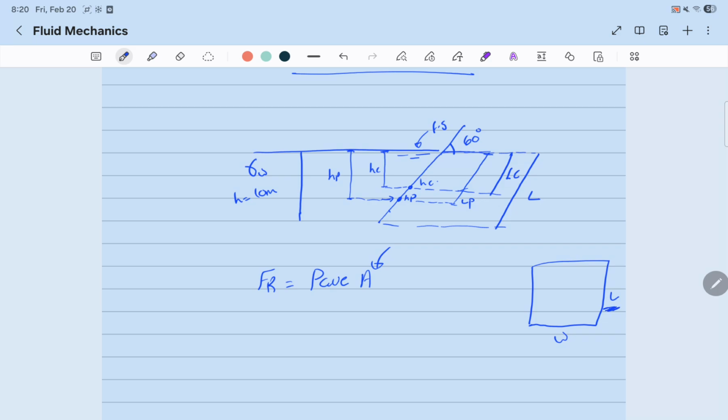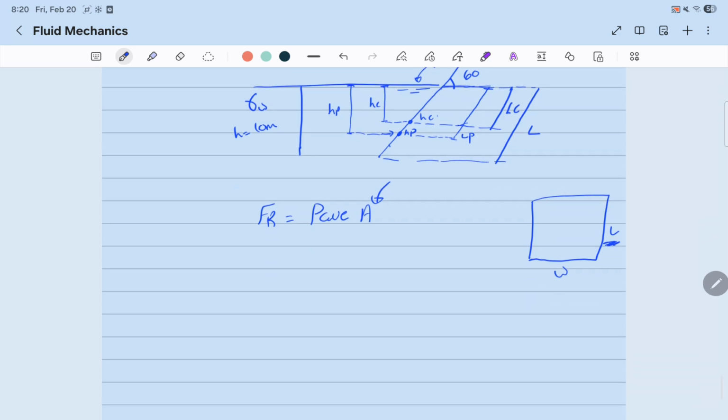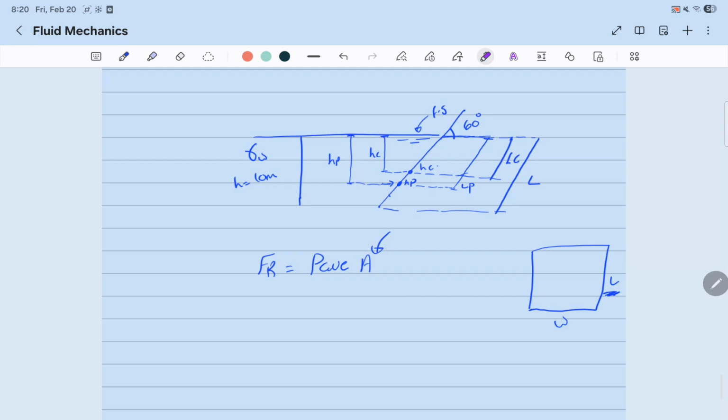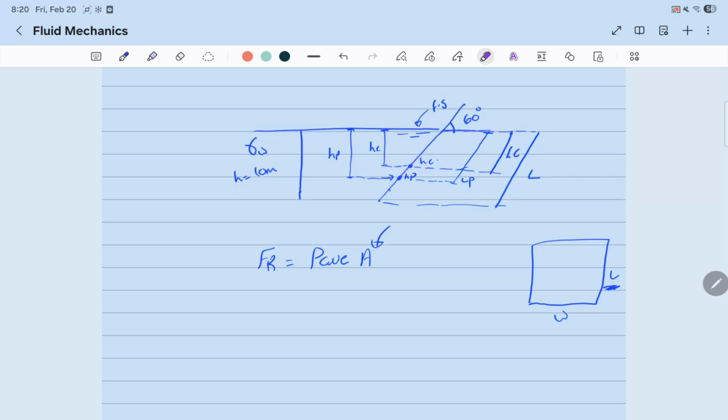In order to find the area, we need the length, and in order to find the length, we have to use this triangle here, with L and H and this inclined angle. So this is L, this is H. We're going to use H to find L, given this angle.